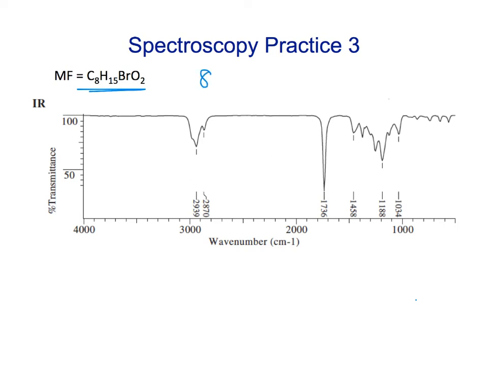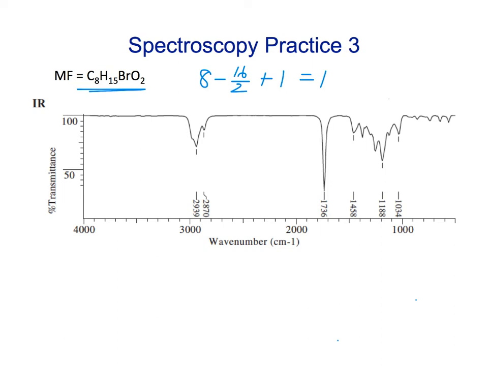We take the number of carbons, we subtract half the number of hydrogens, but in this case we're going to treat the bromine like a hydrogen, because it essentially has the same bonding characteristics. It can make one bond. And so we're going to subtract from that 16 halves. We would add half the number of nitrogens, but there are no nitrogens, and then we add 1. So 8 minus 8 plus 1, we have 1 site of unsaturation.